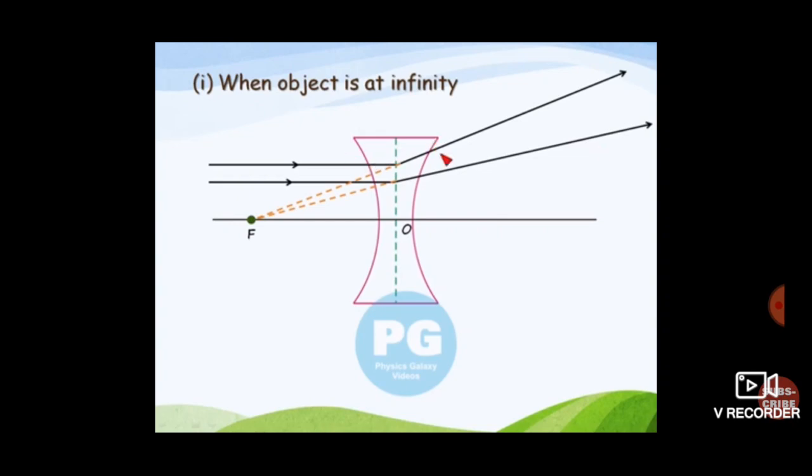So we say the image is formed at focus. And it is a virtual image, and it is highly diminished, or say it is point-sized.